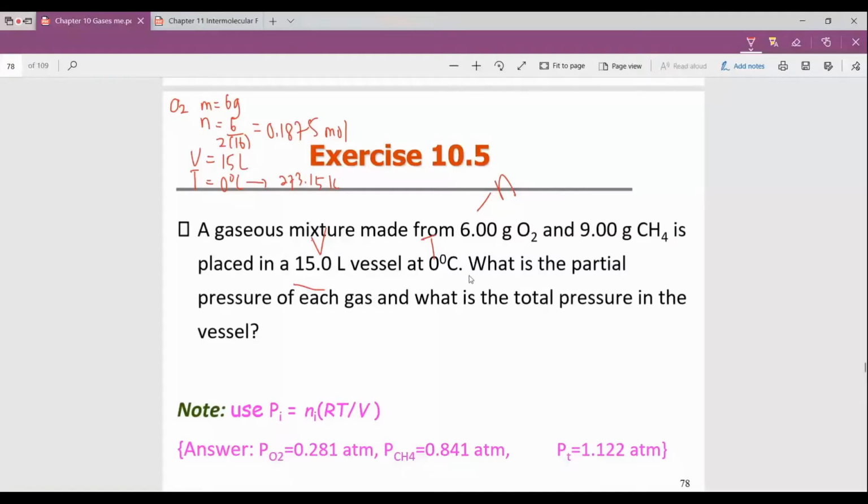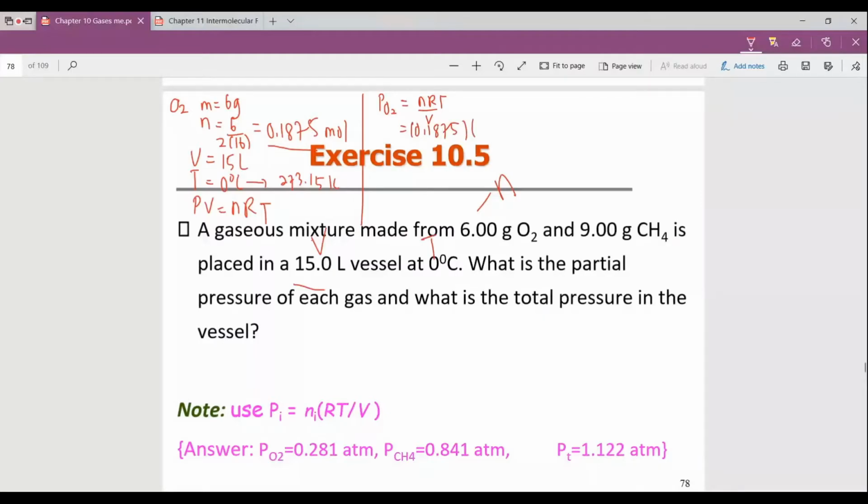After we got all the information for O2, we can calculate the pressure. How to calculate the pressure? We use PV equal to nRT. So the pressure for O2 is equal to nRT over V. Number of mole is 0.1875 mole.